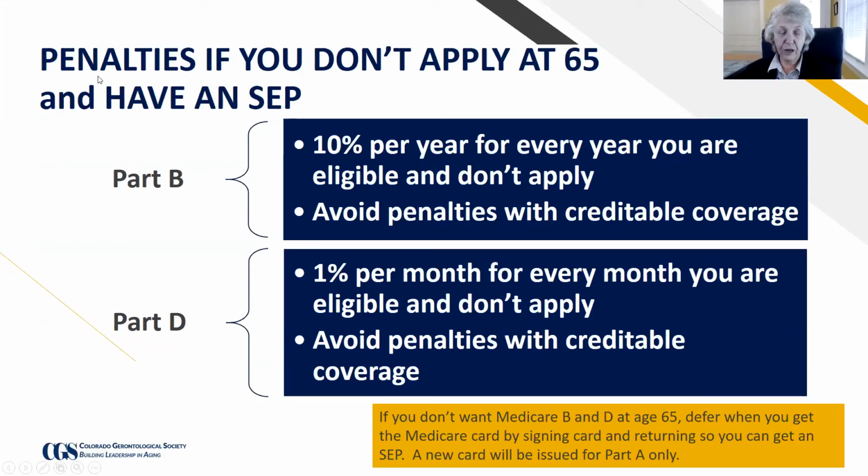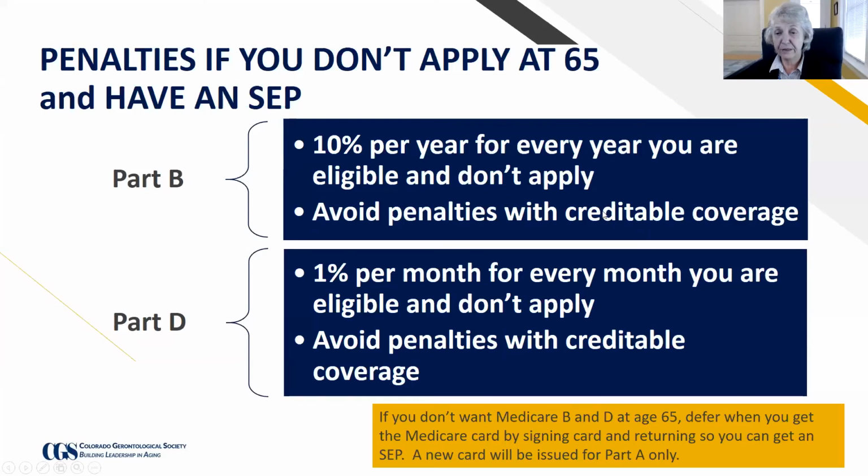If you do not set up your SEP correctly and you defer your IEP to an SEP, you can be responsible for penalties. The Part B penalties are 10% per year for every year you're eligible and you don't apply.